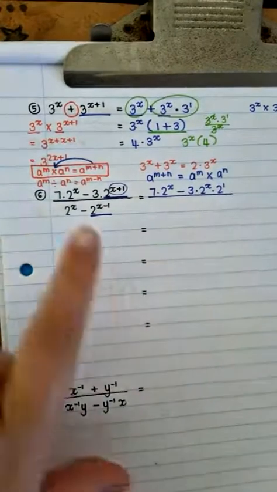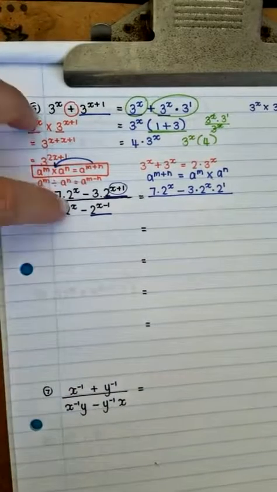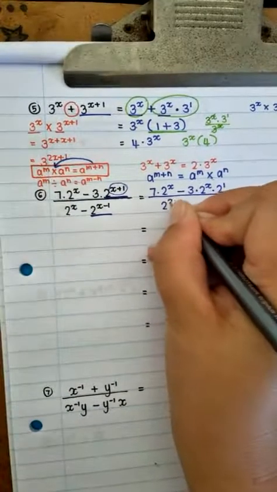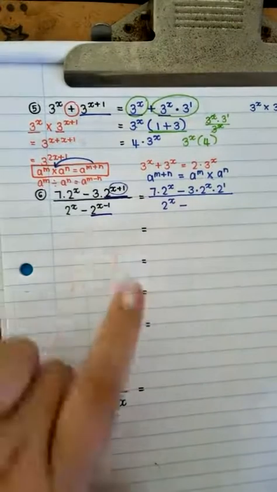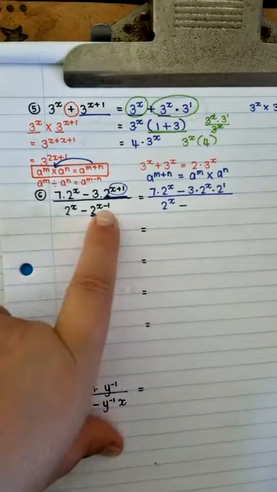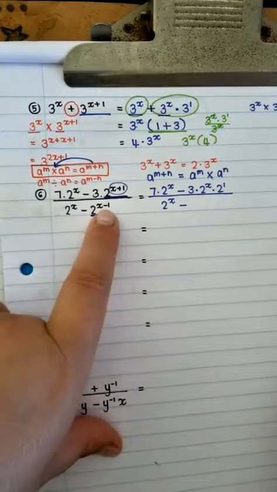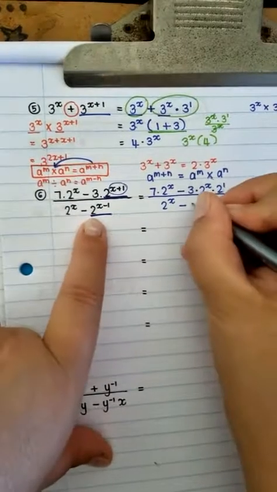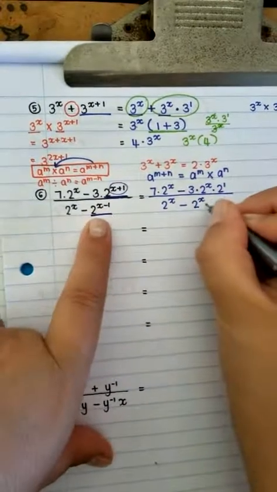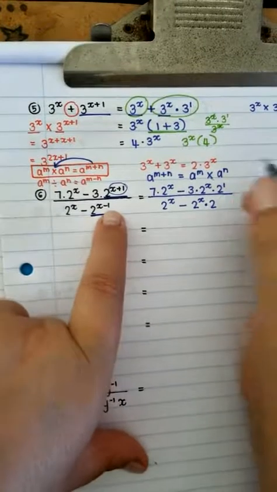Okay, over. My first term of the denominator again only has one term in the exponent, so I can't split that up. So I'm going to leave it as 2 to the x. The second term in my denominator does have two terms in the exponent, so I am going to split this exponent up. I'm going to take the same base, 2 with the first term of the exponent, times the same base 2 with the second term of the exponent.